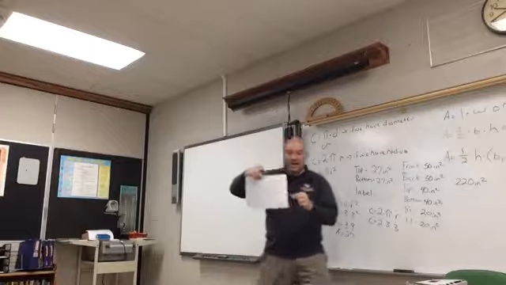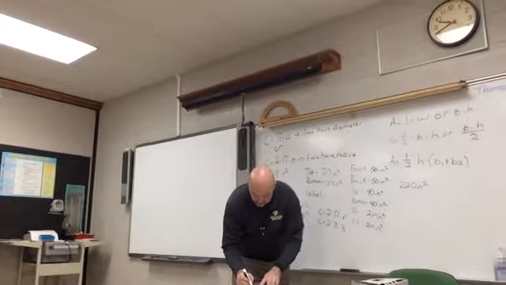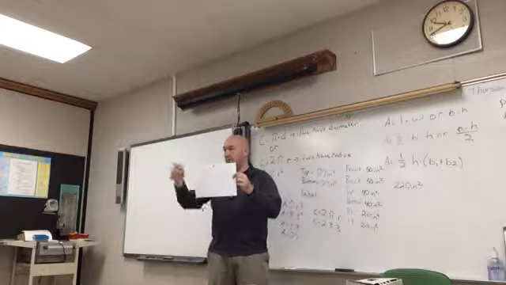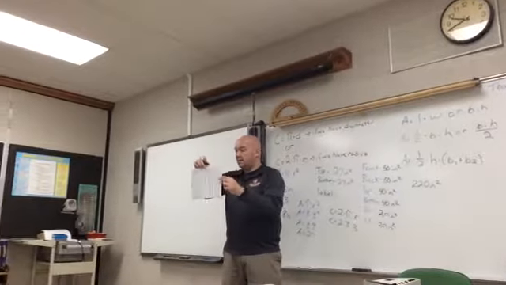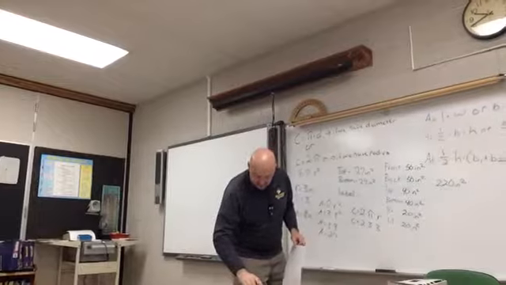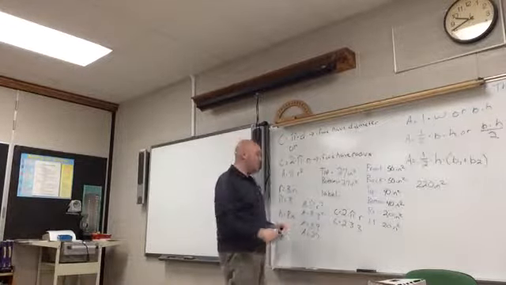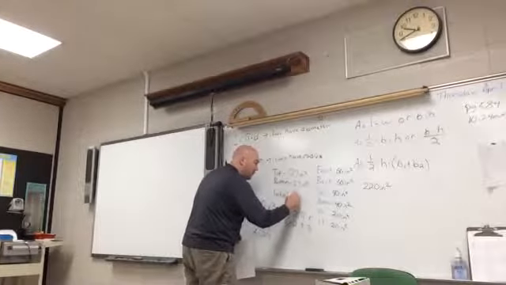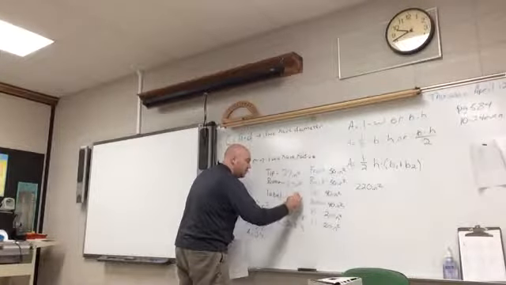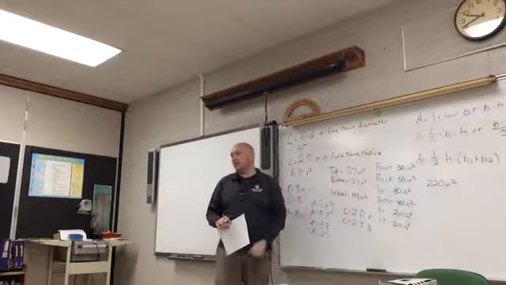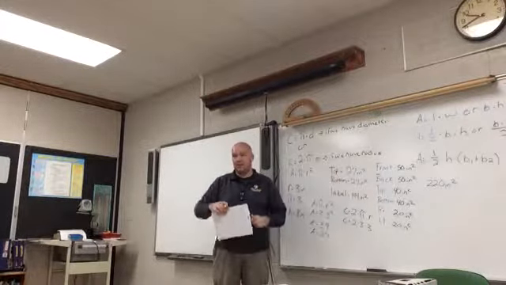We decided that this was 8. How do we find the area of this label? 18 times 8. I'm going to use my calculator. 18 times 8, 144. So our label is 144 square inches. Add all of those together, and it's going to give us our entire surface area of this cylinder.